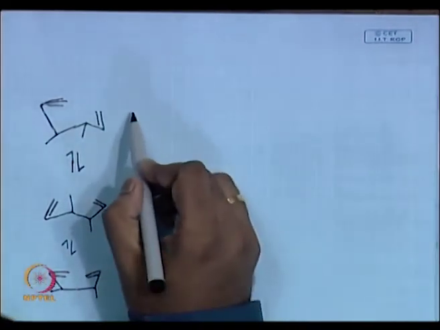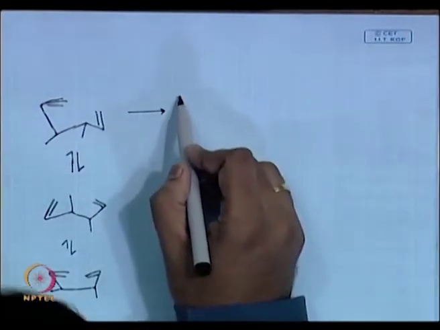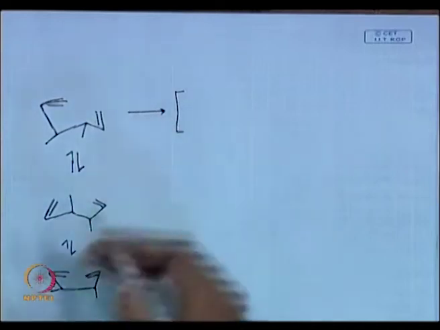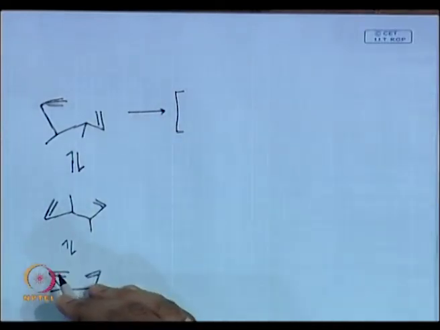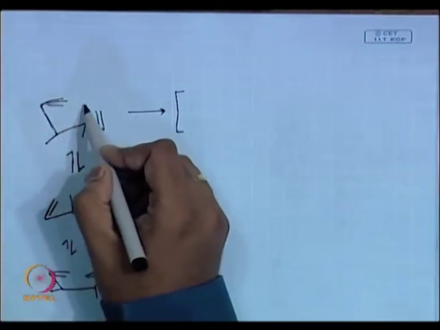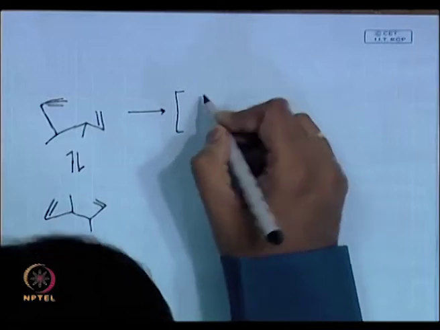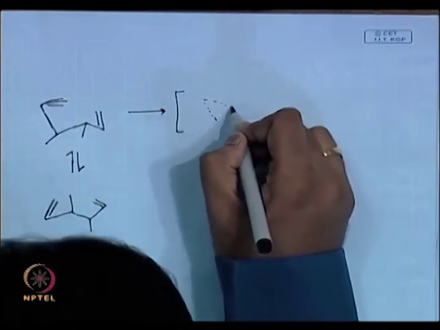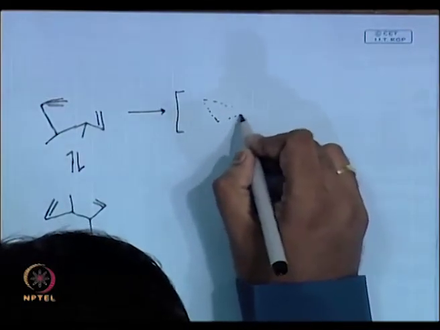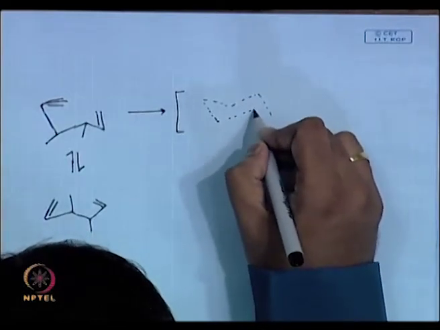So, if I write the transition state for this, for example, can you write the transition state, anyone? What transition state can you look for this? Because the bond has to move, clear up this. So, you get a nice 6 membered, see, this is the beauty of Cope.